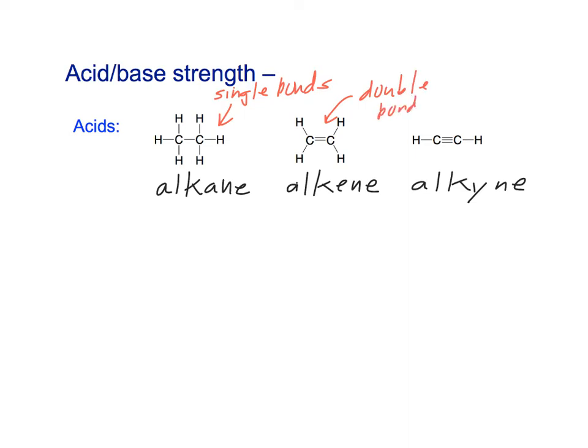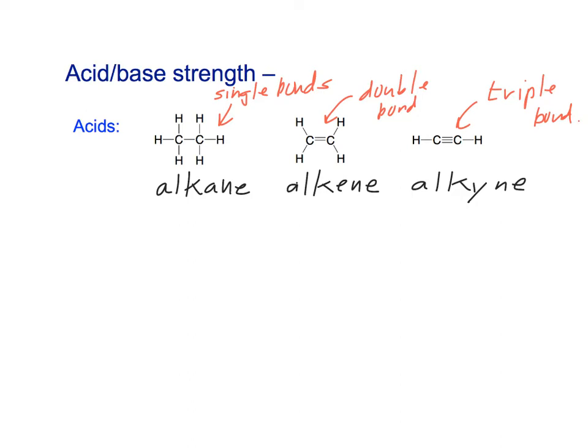And in the alkyne, we have a triple bond. When we change the level of bonding, what else changes for those atoms? Well, the other thing that changes is the hybridization of the carbons.